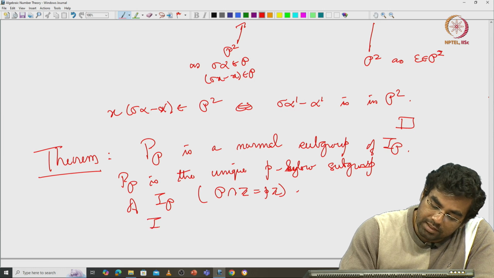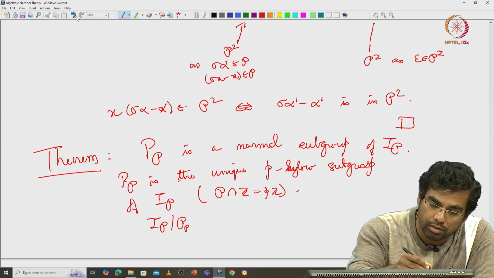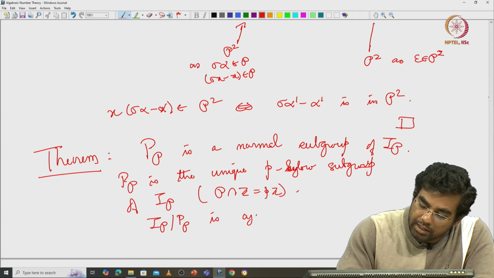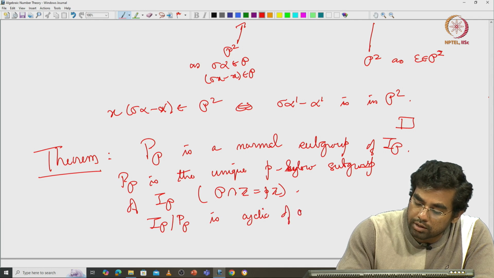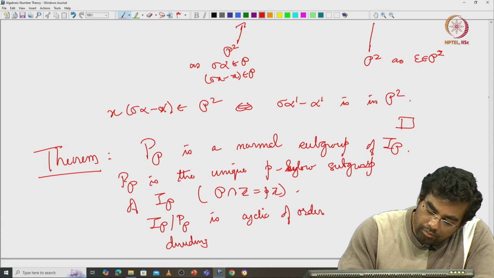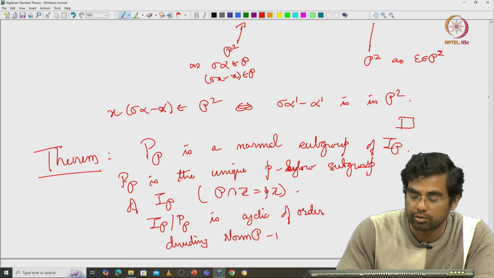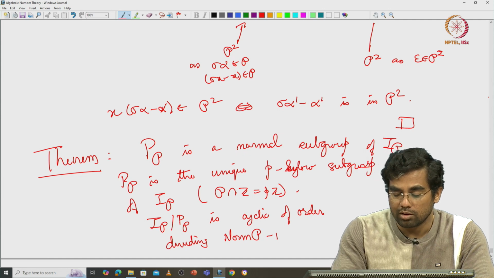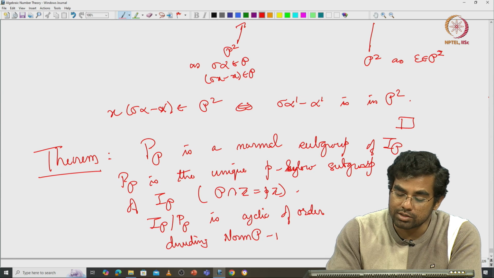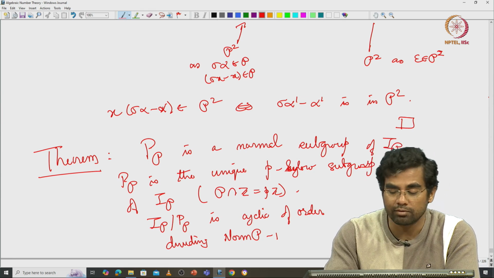And I sub P, if it is a normal subgroup, I can take the quotient group. And what is this quotient group? This is cyclic of order dividing norm of P minus 1. Norm of P will be a power of this prime number P, and so norm of P minus 1 is something co-prime to P, which is what is expected.